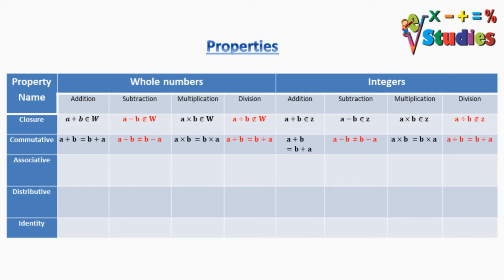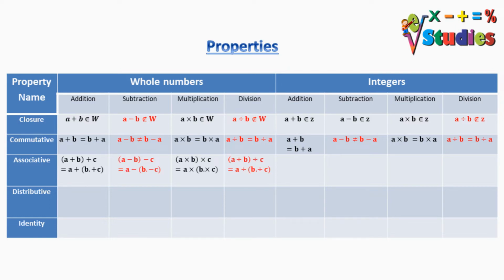With integers, it is the same: integers are commutative under addition and multiplication, but not under subtraction and division. So if you interchange the position of the integers, you wouldn't get the same answer as before.